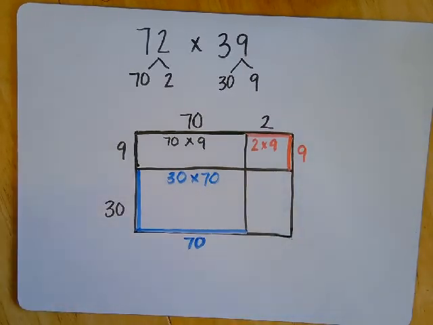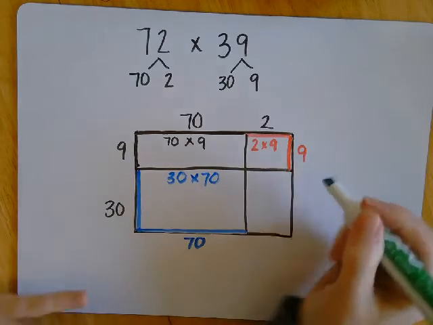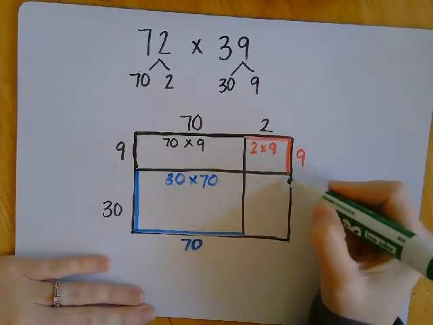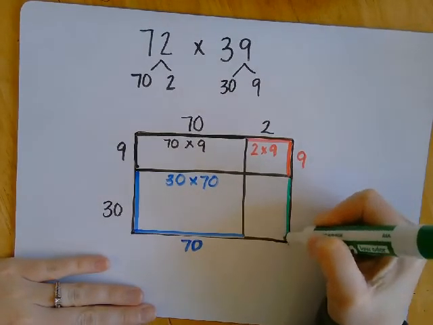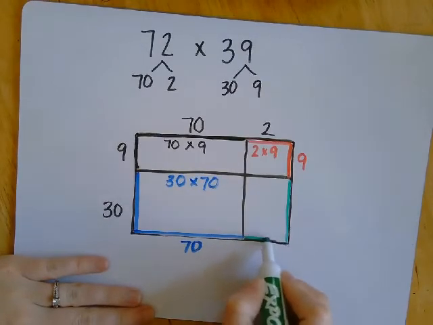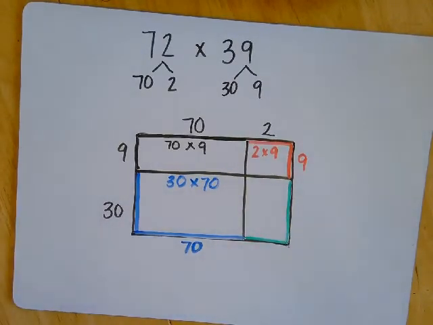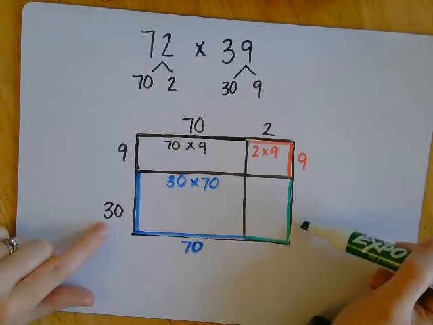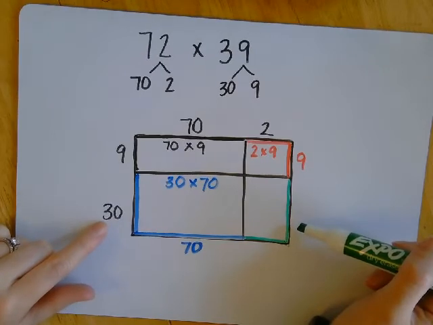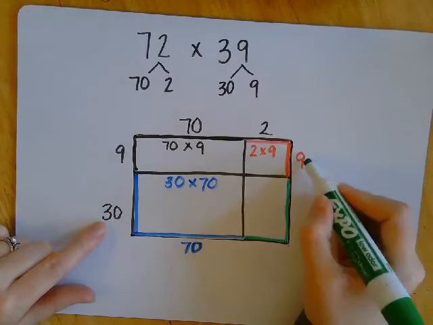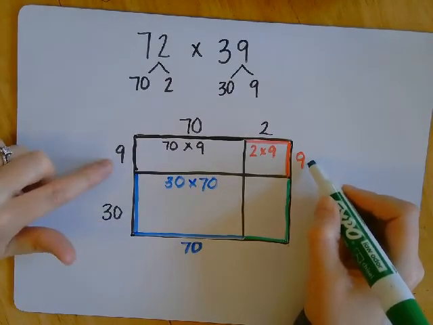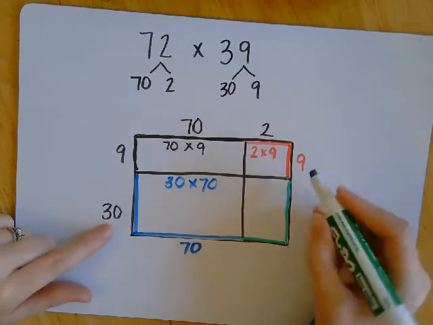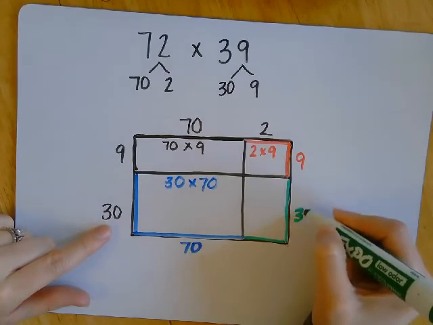Alright, then the last square, I'm going to be multiplying this side times this side. Neither of these has an actual number on the side of it, but if I look to the other side, this side says 30, and just like this side was 9 because that side was 9, this side is 30, and this side is also 30.